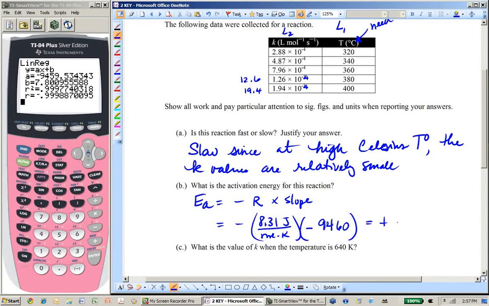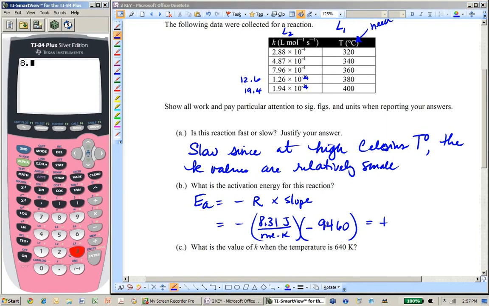You don't have to write that, but I'm just doing it for emphasis. So 8.31 times, I already got rid of my negative, so negative times a negative, you know it's going to be a positive, so just 9460. Sorry, I did that in my head. It's a dangerous head sometimes. Let's go with 78.6. 78.6 kilojoules per mole of reaction.